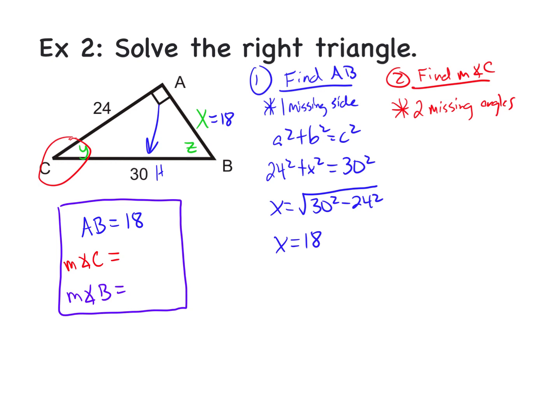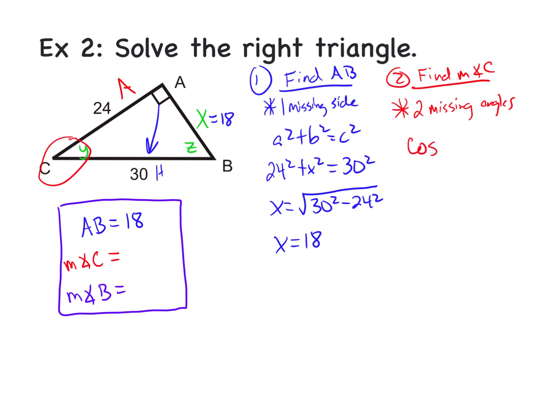So class, the 24 is where from angle C? Opposite, adjacent, or hypotenuse? It's the adjacent. And the 30 is the hypotenuse. Okay? So we have A and H. So which one is it? If we have A and H? Cosine.